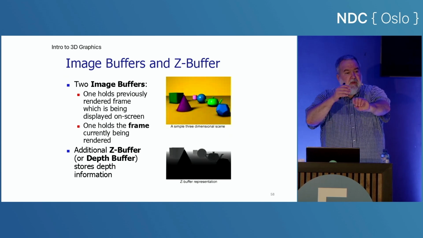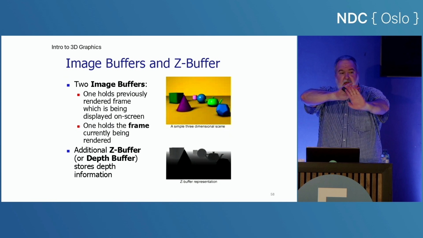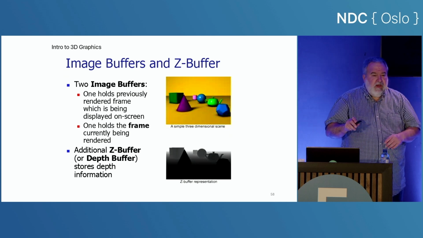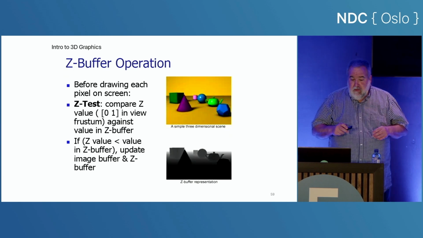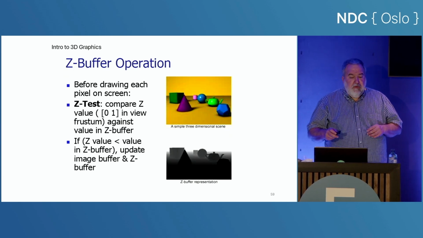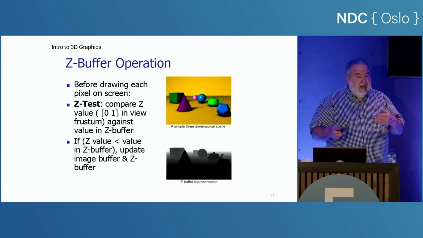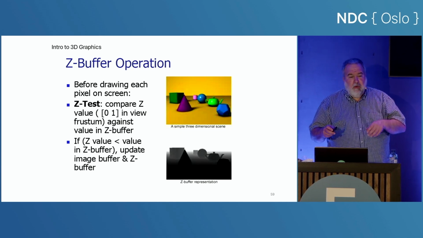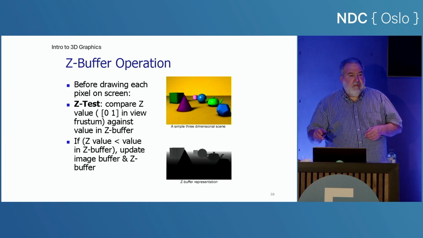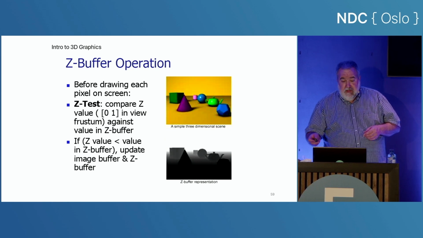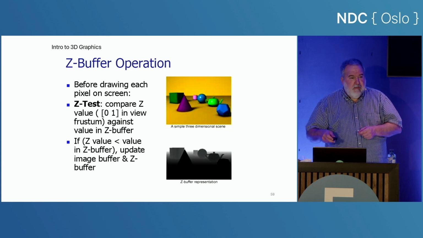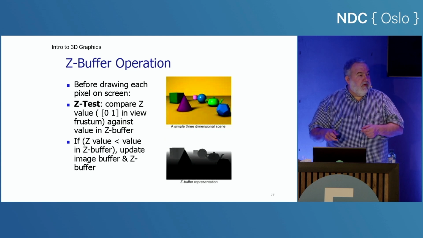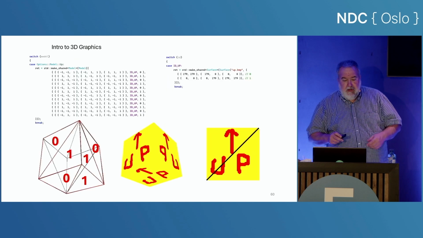If it's closer, the point I have is behind it. It's hidden, so I don't paint it. If it is closer, I would then paint that pixel. You can also do some Z clipping at this point for if that's further away depth than you really want to handle or not. I don't bother with that just because of the simple examples I'm doing. But I'll show you, I actually have a way through my little test app that will show you what the Z buffer looks like, and you can see the different depths on it.